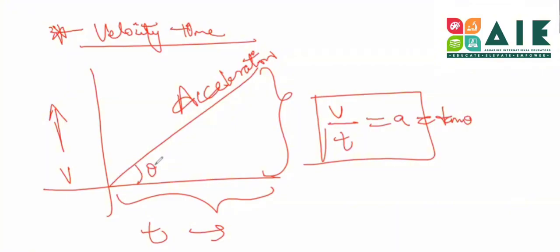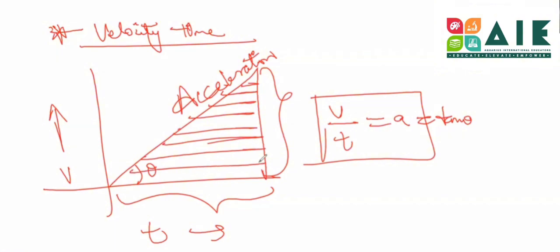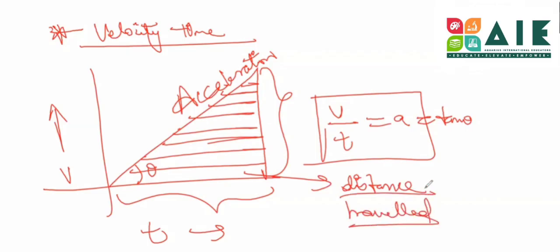Now the next thing in the velocity time graph which is very important: the area inside the velocity time graph gives me the distance traveled by the object.